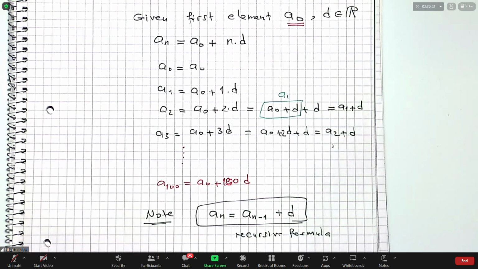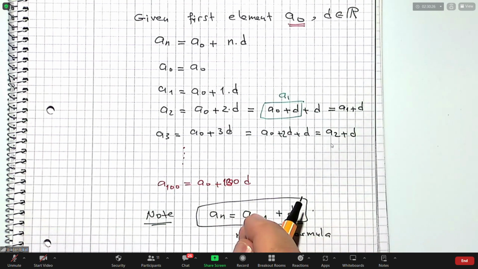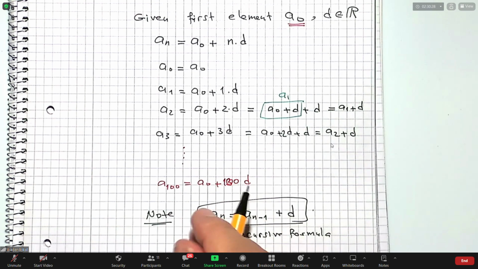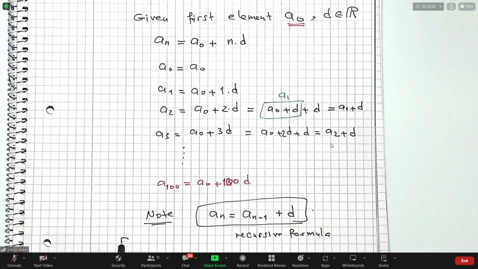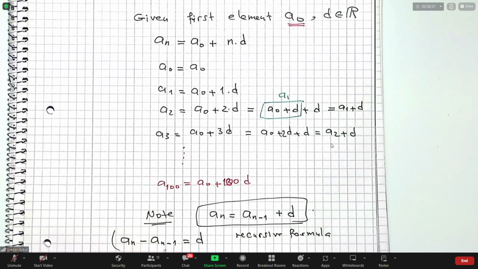In the arithmetic sequence, the difference between any successive terms, an minus an minus 1, is equal to d. The difference between two successive terms is constant. Here, in the geometric sequence, it is the quotient. Dividing the next term by the previous term is always a constant.